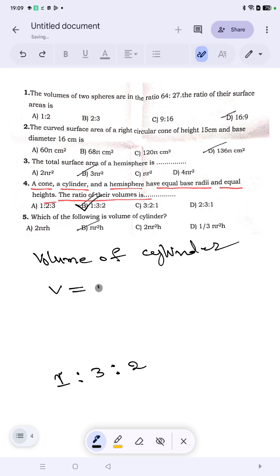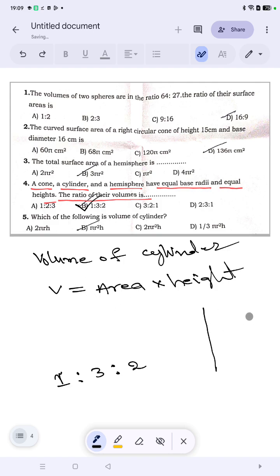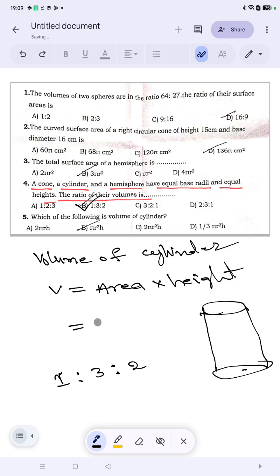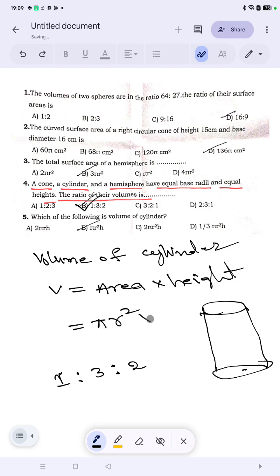Whenever we are finding volume, it is the base area into height. For a cylinder, the base is a circular shape at the bottom, so the area of the circle is pi r square, into height, so that is pi r square h. Understand? So simple. Check once: pi r square h, so that is the B answer.